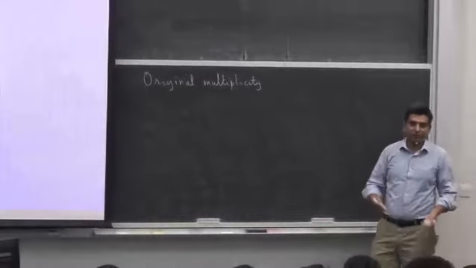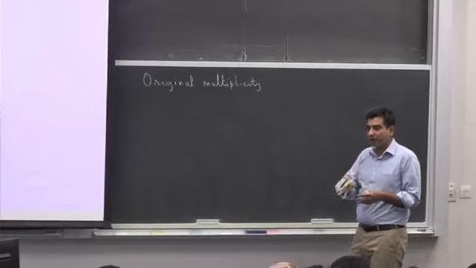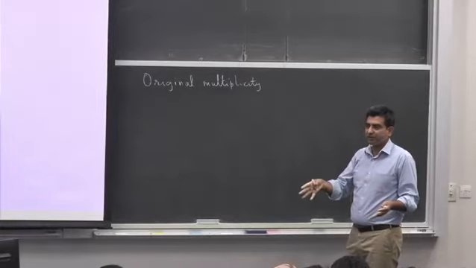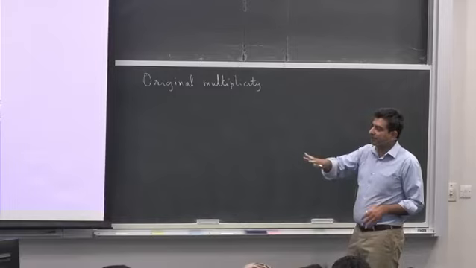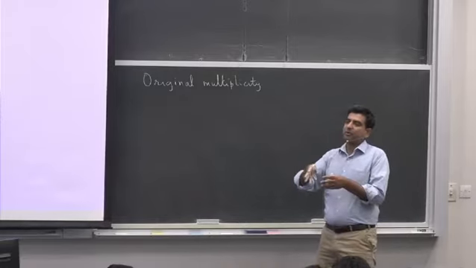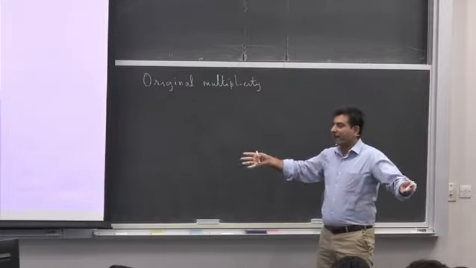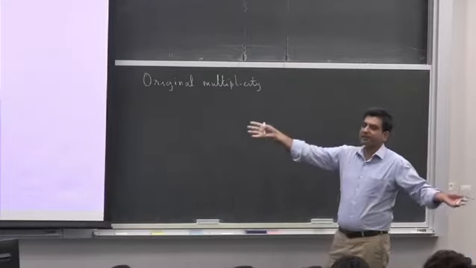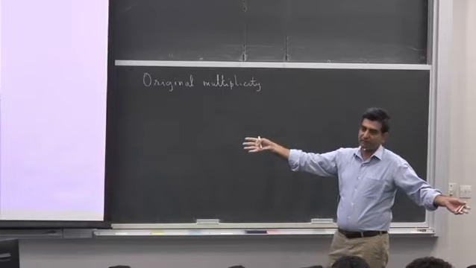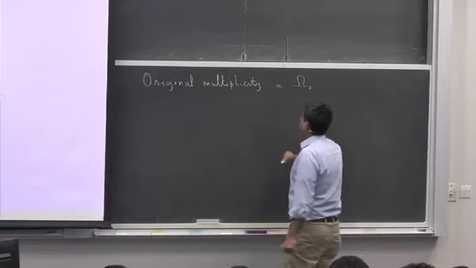I know the number of molecules in the gas, but I don't actually know how many microstates are available, because the microstates are not just the compartments. I'm simplifying the problem by bifurcating the compartment into two, but I could break up this problem into an infinitely large number of compartments. So my original multiplicity, whatever it is, let's call it omega naught.